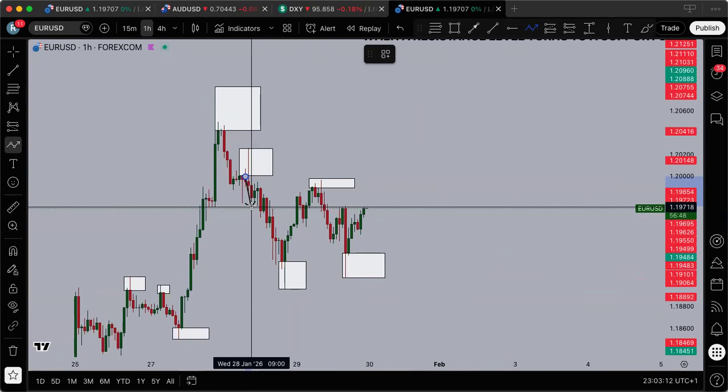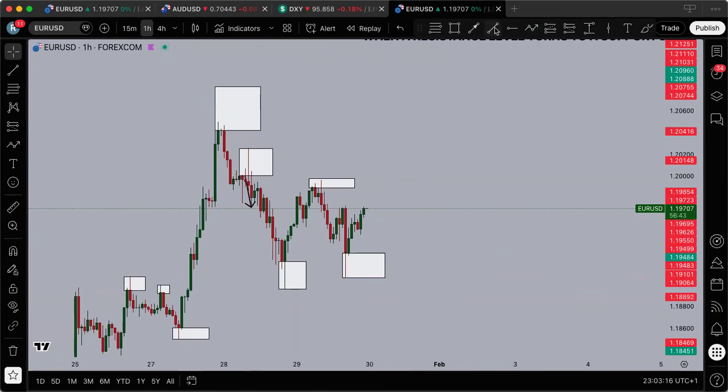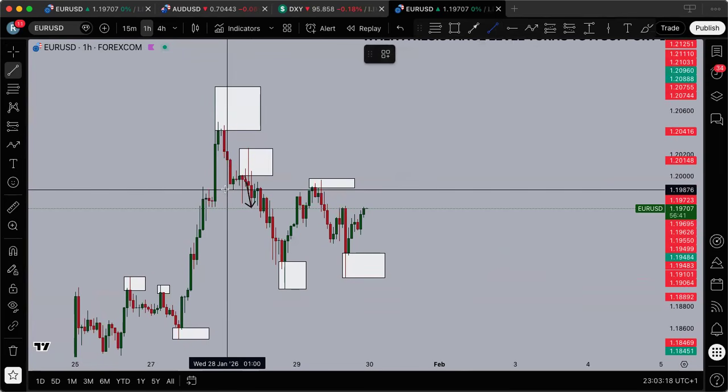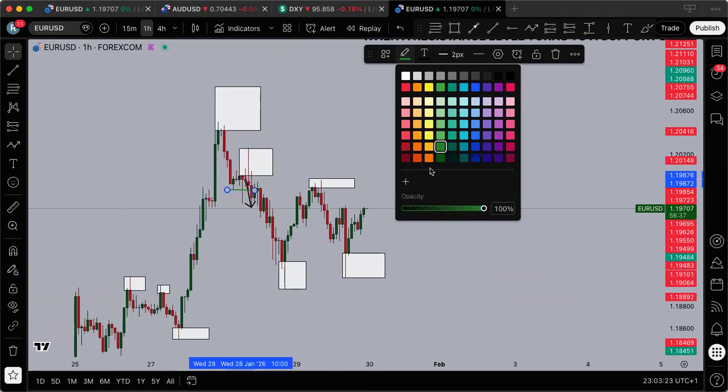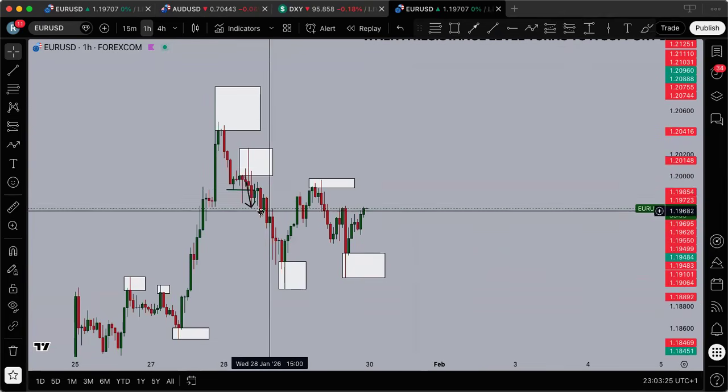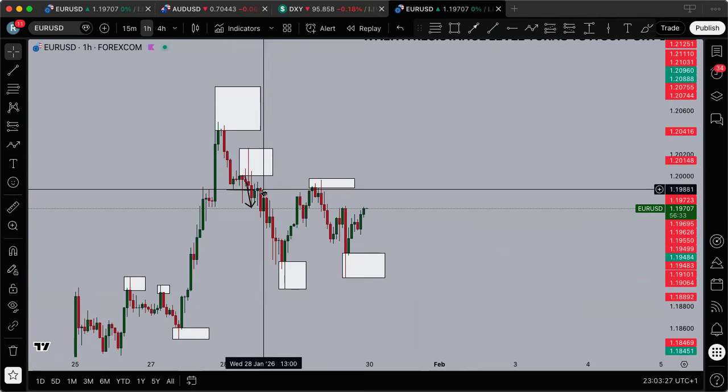Remember, I told you guys that the only thing that classifies a break of structure is once the body of a candlestick closes below the previous low. Once the body of a candlestick closes below the previous low, that is the only time you can call it a break of structure.